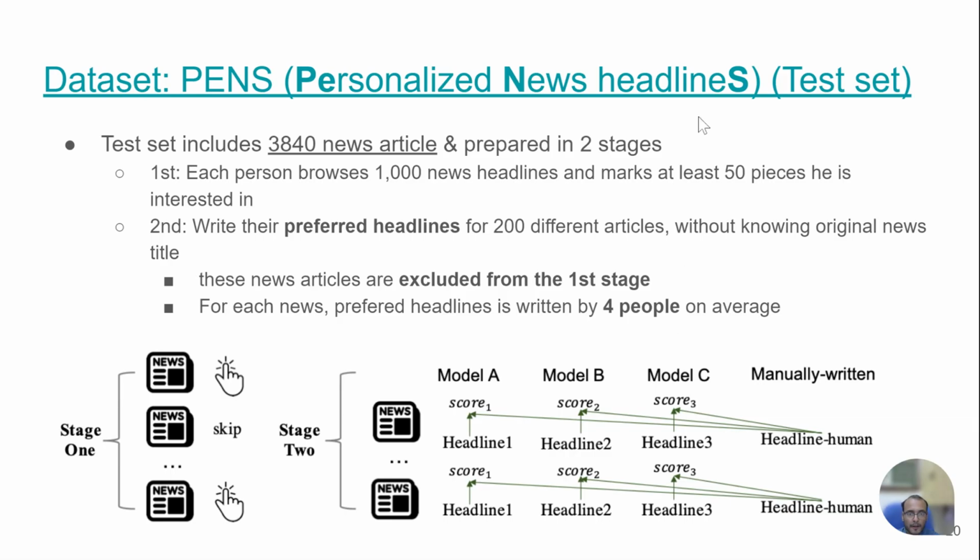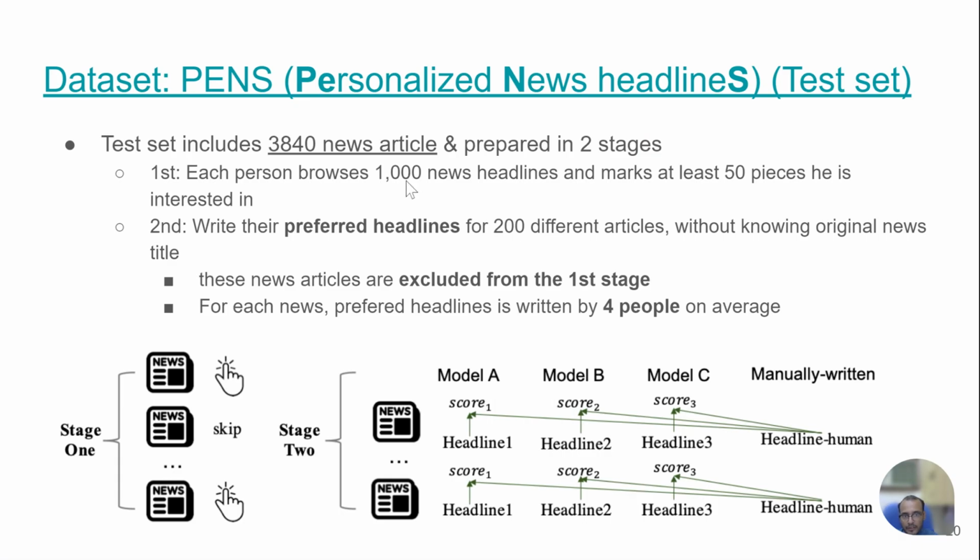So we generate the prompt dataset from the PENS dataset, which was released by Microsoft Research in 2022. And this dataset consists of a test set that included 3,840 news articles, which were annotated by users in two different stages.